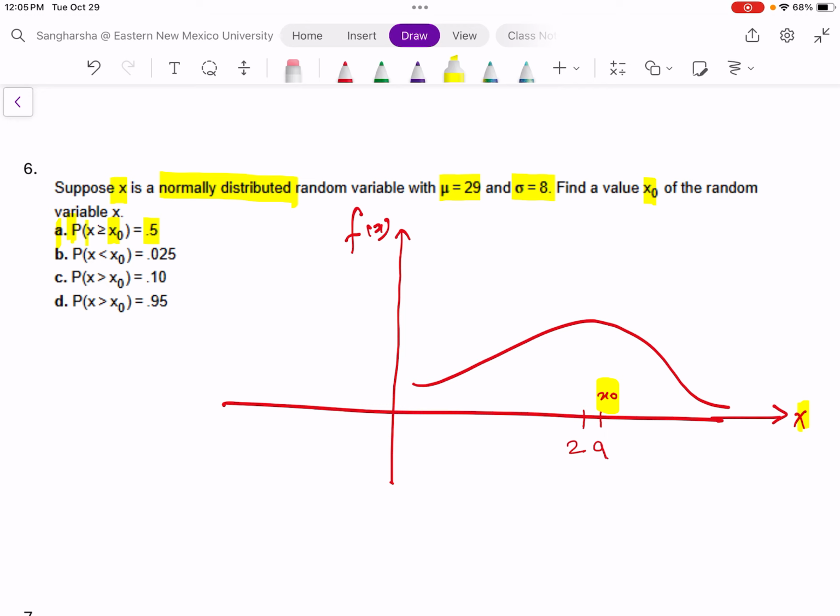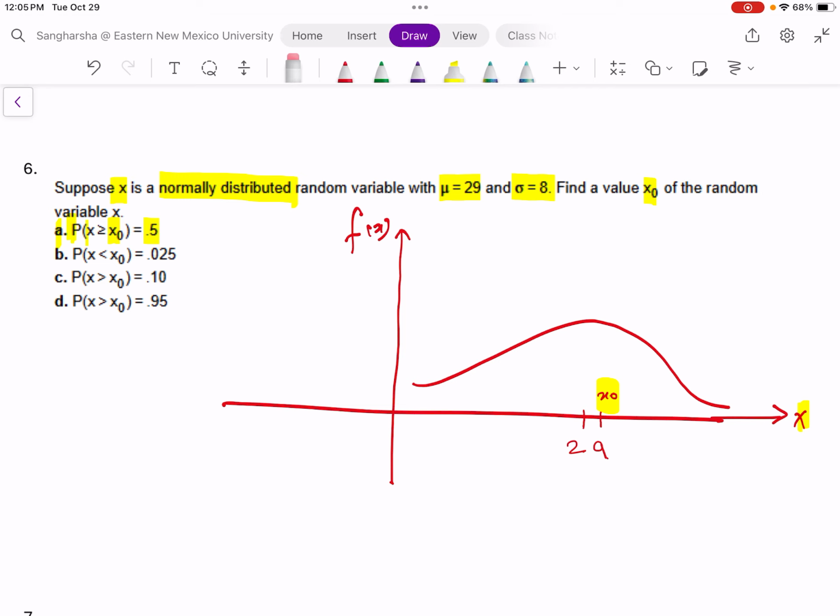But what is given to us? The probability that x is greater than or equal to x naught is equal to 0.5. Now, where should x naught be, so that the probability that x is greater than x naught is 0.5? Yes, it should be at the middle, at 29.